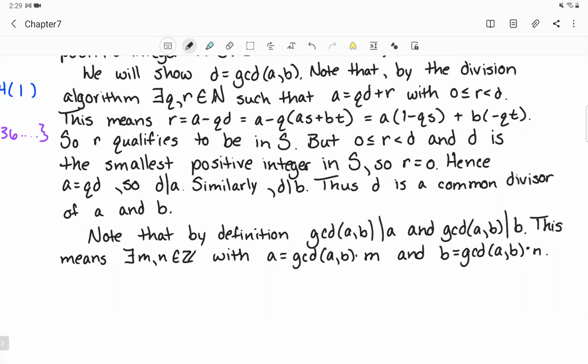Everybody okay with that, right? Every number is its GCD times some integer.